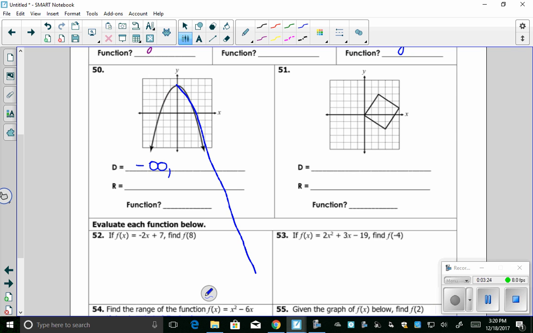It continues on increasing and getting bigger. So it's infinity both ways: negative infinity to positive infinity. You can never touch the infinities, so you use parentheses. So domain is left to right, while range is bottom to top.